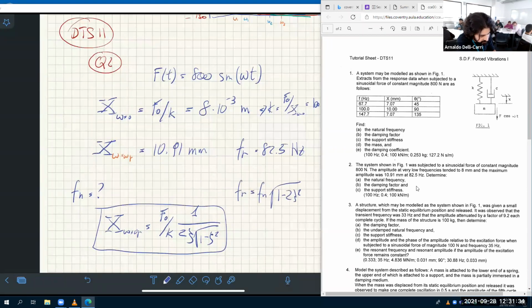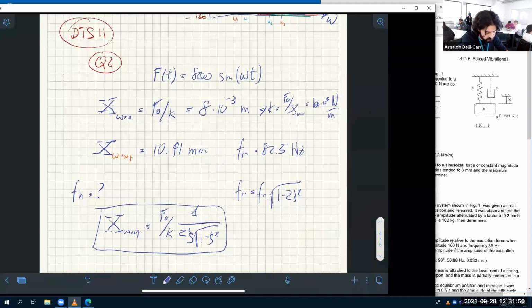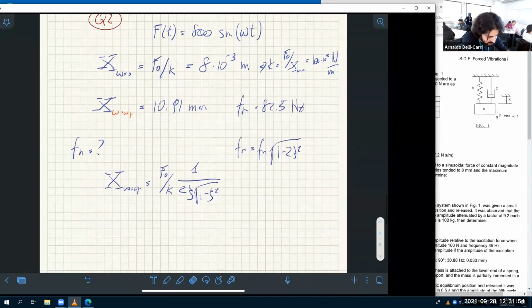Well, F0 is given, so F0 is 800. K we just found. This thing on the left is this. So the only unknown here is zeta. So without knowing anything, just by looking at the formula sheet, I can find zeta.